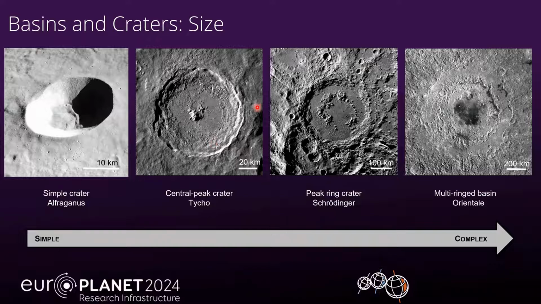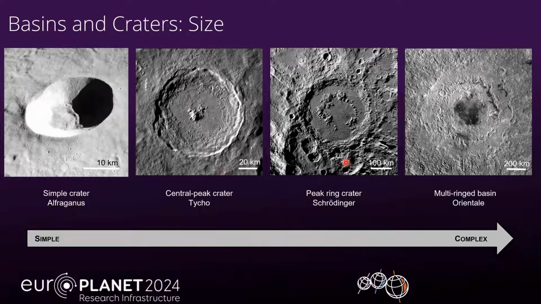It has some terraces on it. Then you have impact melt in the floor, impact breccias, and a central peak. At Tycho, you can actually see the ejecta well because it's a younger, Copernican-aged crater. We have other pictures where you'll be able to see that better. Then as you get bigger, we've got a 100-kilometer scale bar now, we get into a peak ring crater, for example, the Schrödinger crater.